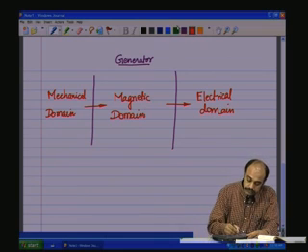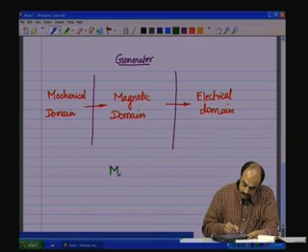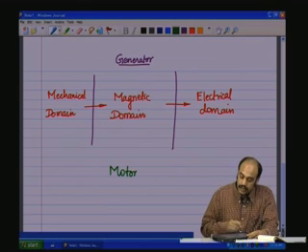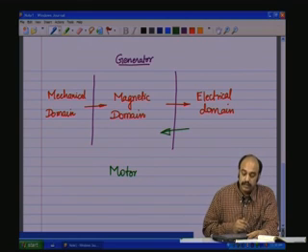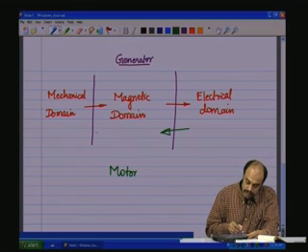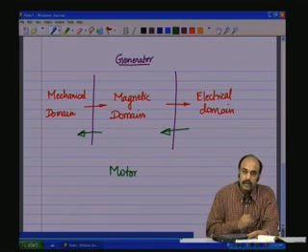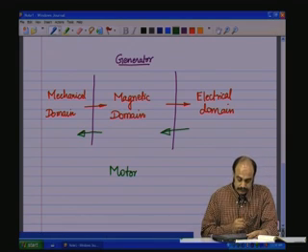And in the case of a motor, the energy emanates from the electrical domain and goes into the magnetic domain, and then from the magnetic domain it goes into the mechanical domain and causes the mechanical movement.